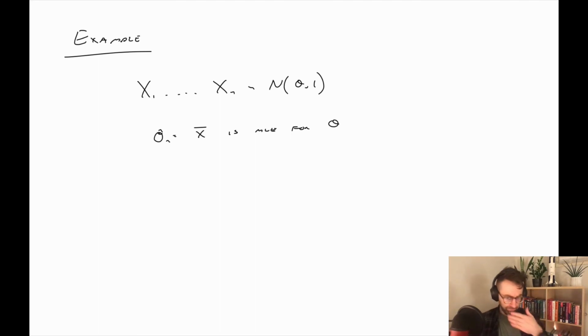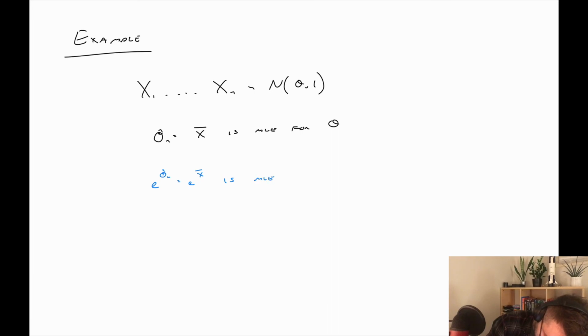Therefore, the MLE for theta is x bar. Therefore, e to the theta hat, which is e to the x bar, is the MLE for e to the theta. Very, very useful idea. Okay.